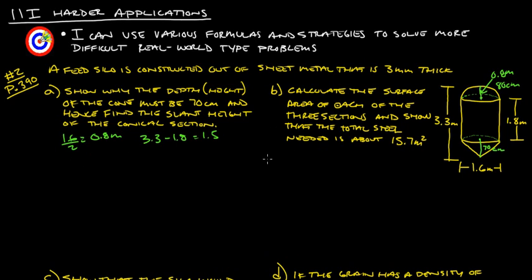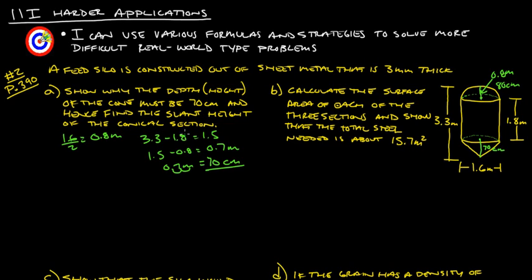We just figured out that this is 0.8, so if we take 1.5 minus 0.8, that leaves us with 0.7 meters, and they say that it needs to equal 70 centimeters, and guess what? Meters to centimeters, move it over twice to the right, and we get 70 centimeters. So we have now shown why the depth, or the height of this cone, must be 70 centimeters.